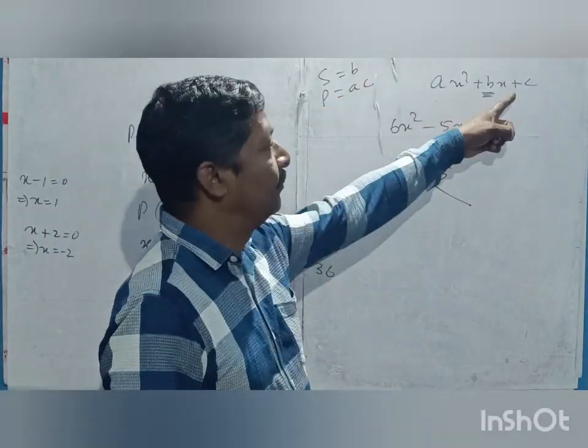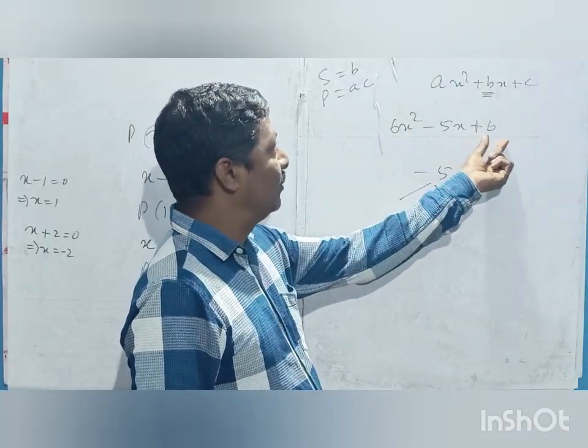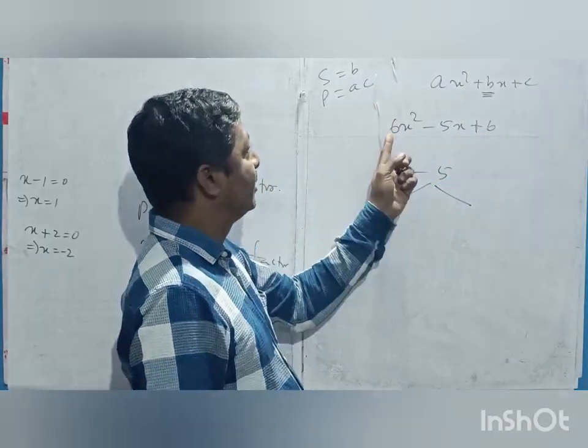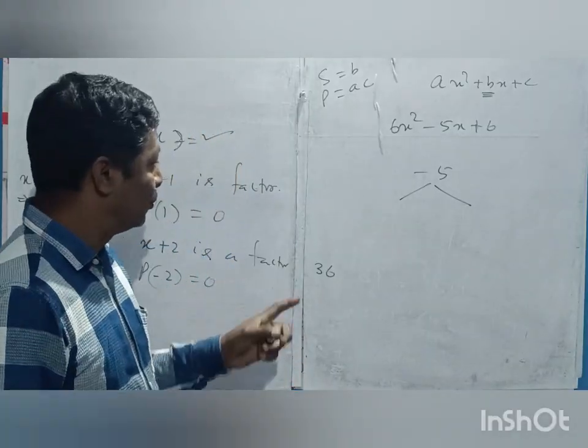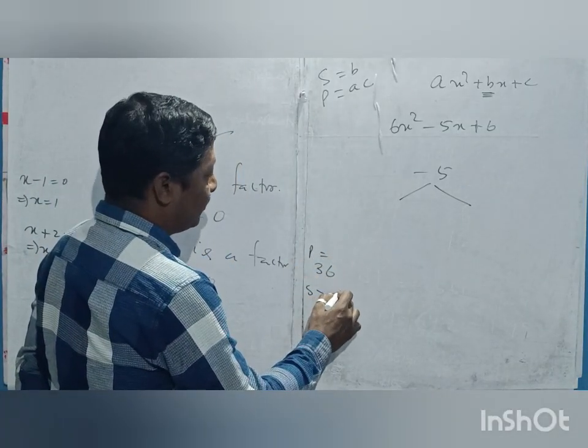A into c. What is the value of a? 6. And what is the value of c? 6. So ac is 6 into 6, 36. So the product will be 36 and the sum will be minus 5.